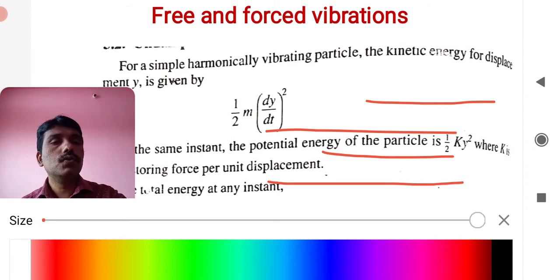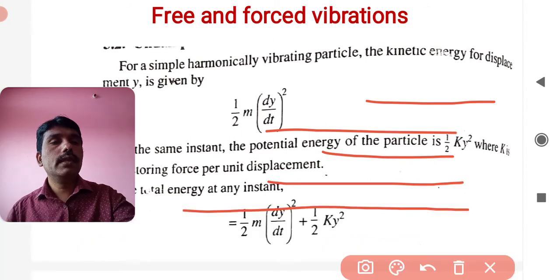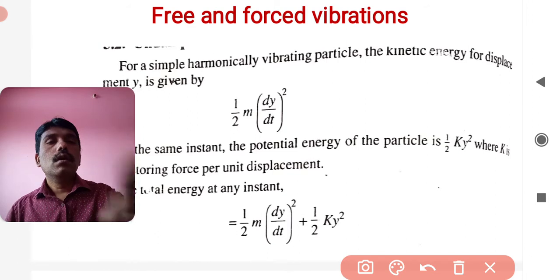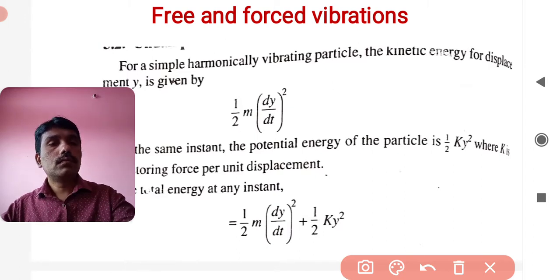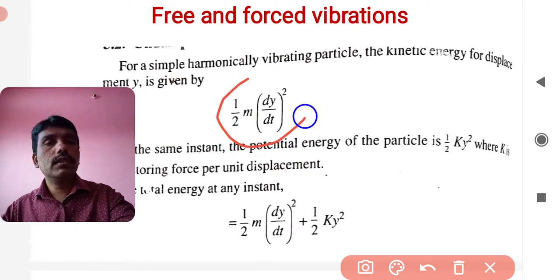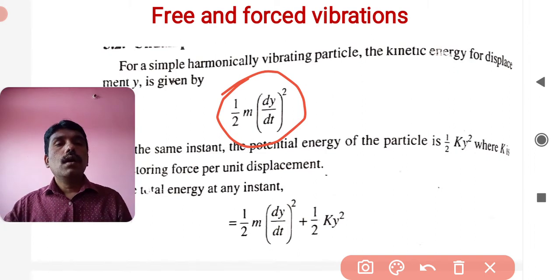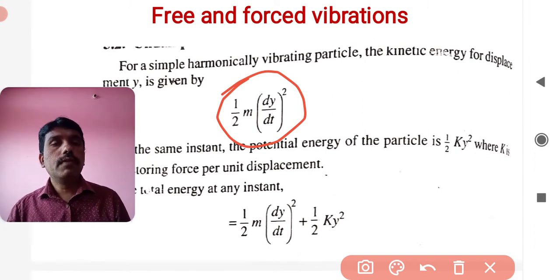The relationship for the simple harmonic vibrating particle is given by half m (dy/dt) whole square.